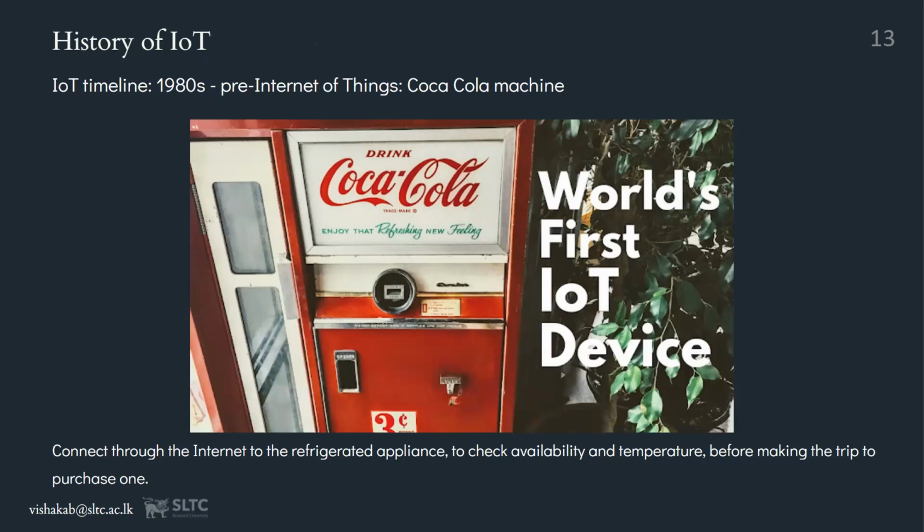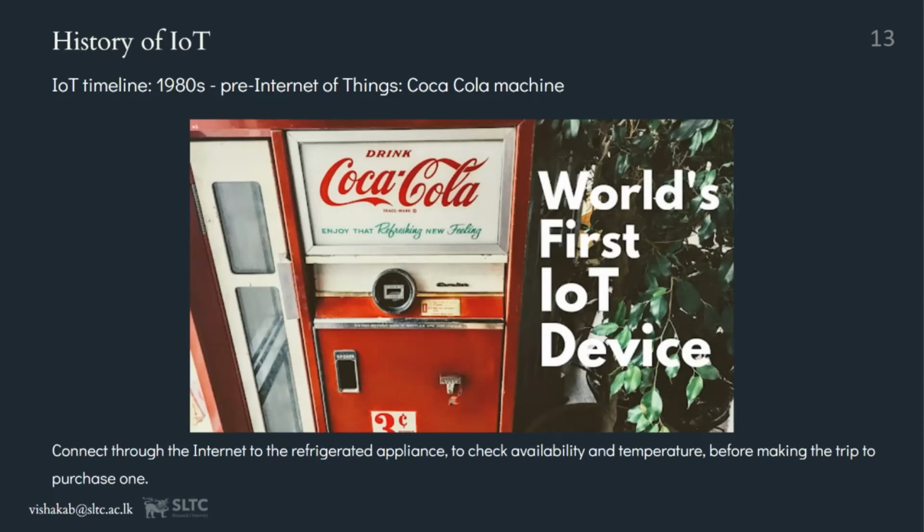In the last class, in the introductory video, we discussed some things about the history of IoT. We saw that there was a person who introduced the term Internet of Things.